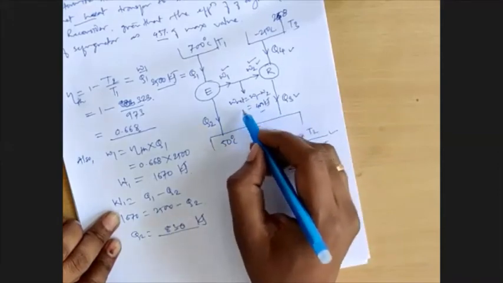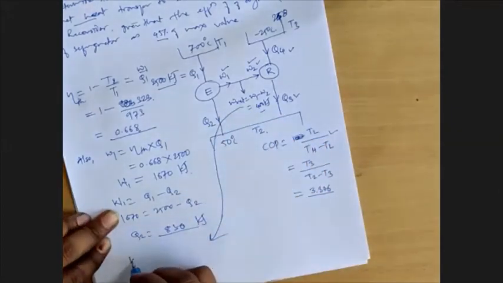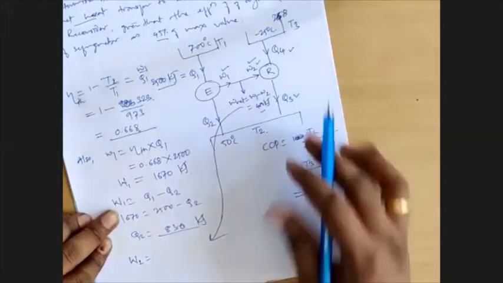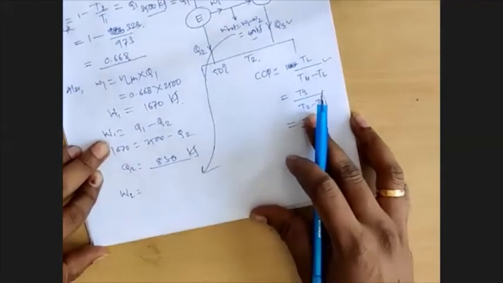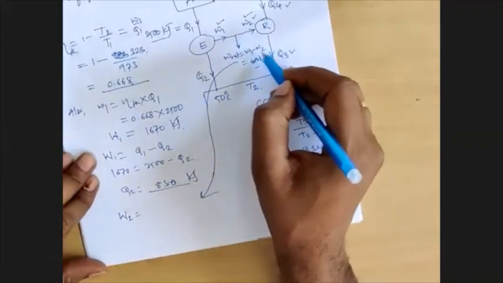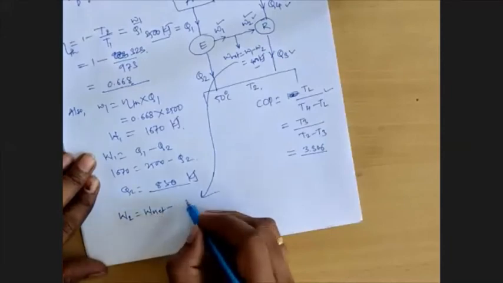So from this relation, W2, that is the work requirement of the refrigerator.